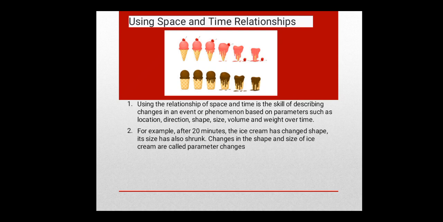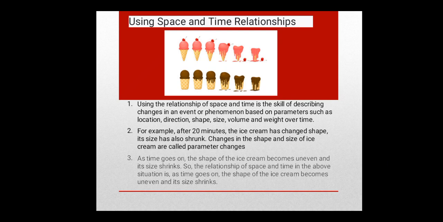Okay, it changed its temperature according to time. So this is what we call using space and time relationship. Anything that changes as time goes on is using space and time relationship.